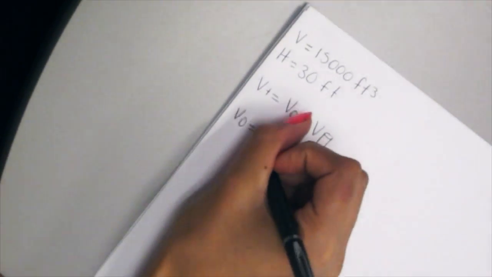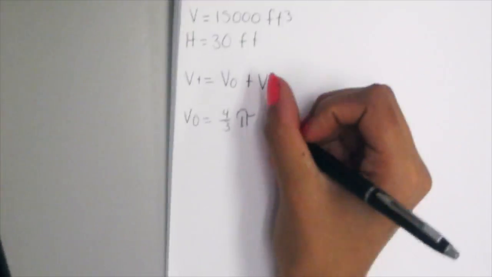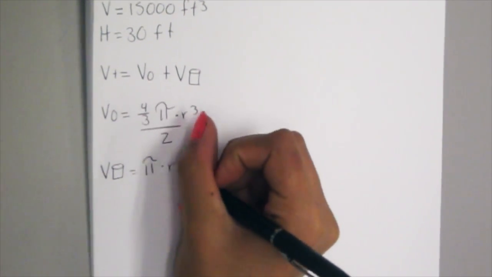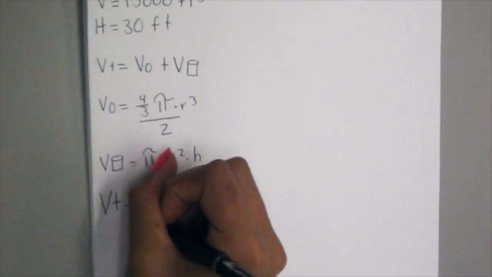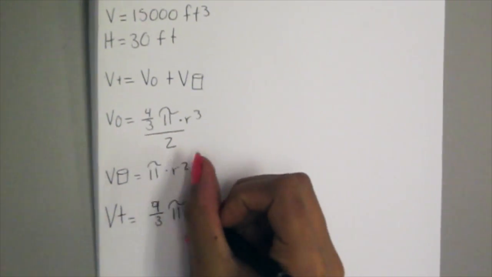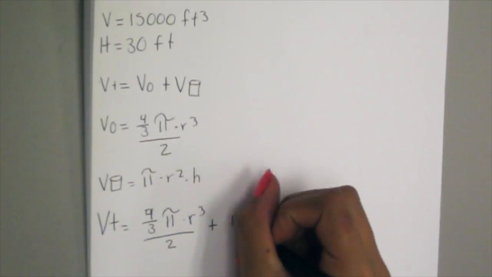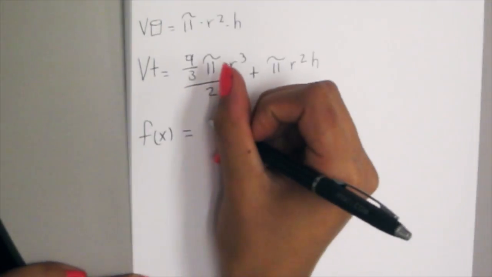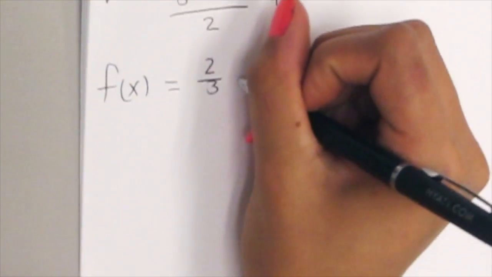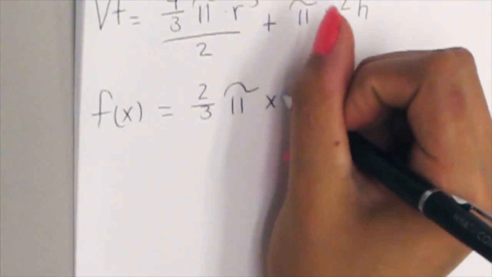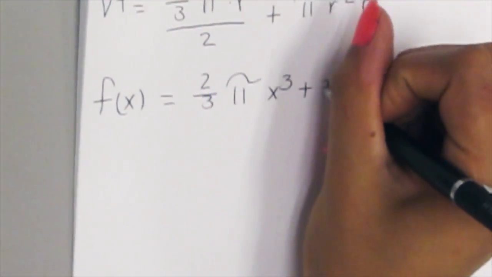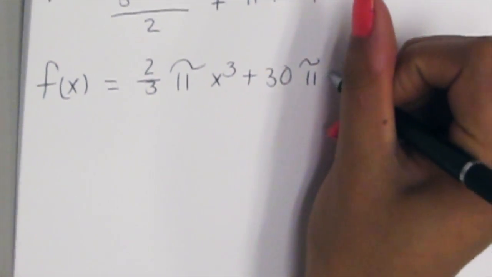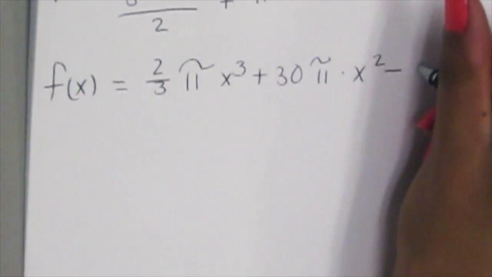For the radius, we need the volume of the cylinder and the volume of the sphere, and then we sum both formulas. Then we find the polynomial function f(x) equals 2/3 pi x cubed plus 30 pi x squared minus 15,000.